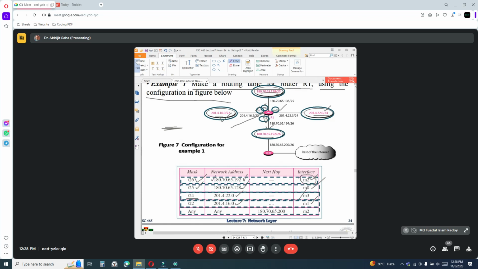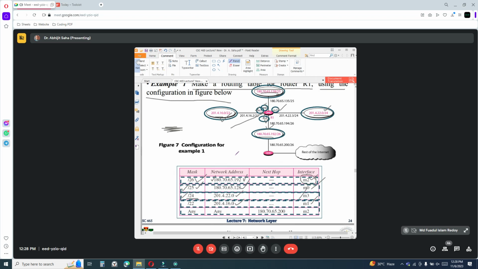If it is matching, then the packet is sent through that interface. If not, the found network address is applied with 25 and checked whether it matches this network or not. If it is, it is sent to the interface. If it is not, then it is followed with the 24.